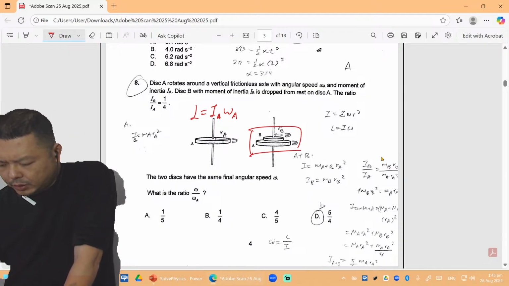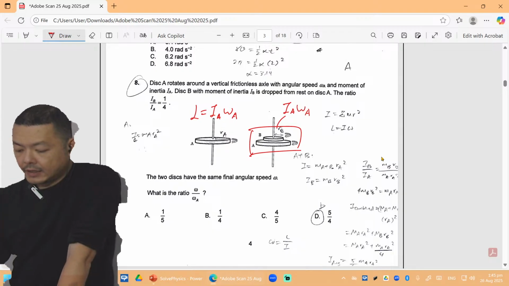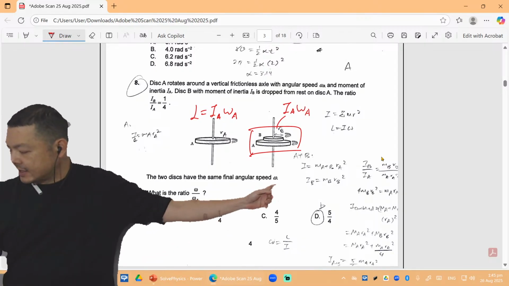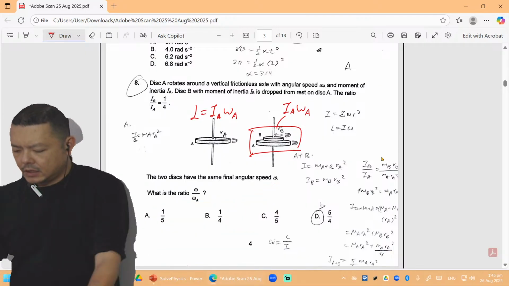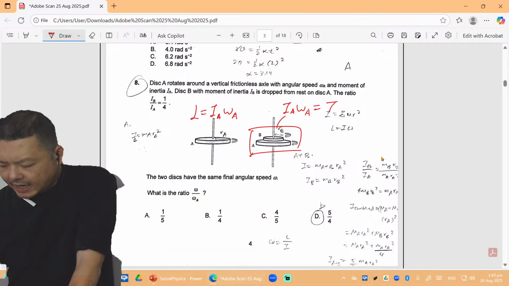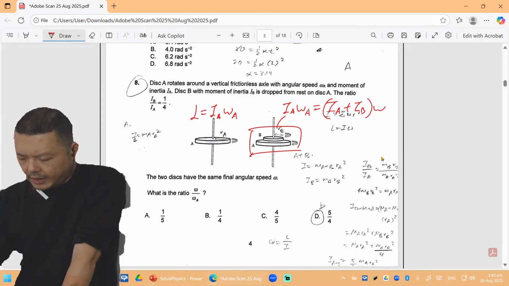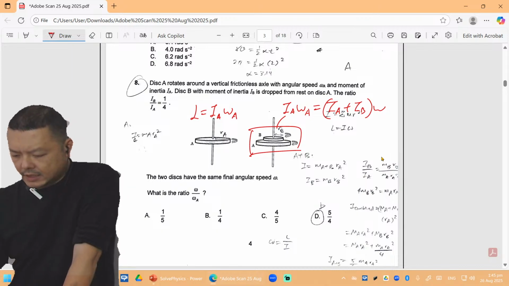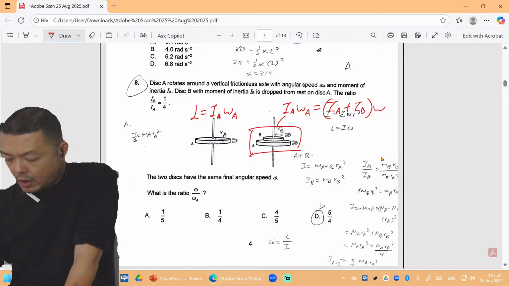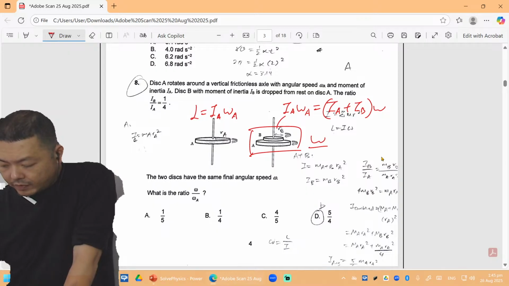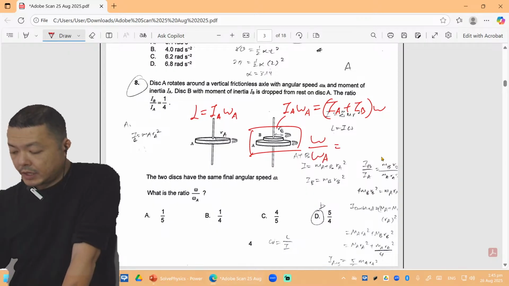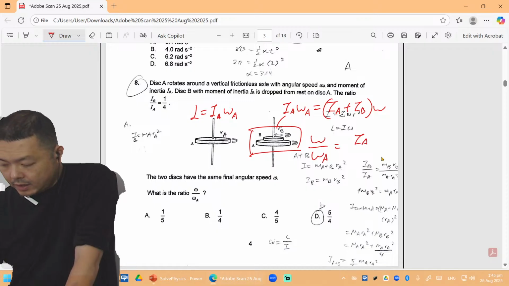But you see, the total angular momentum is still going to be IA omega A. They did say that both objects will have the same angular speed of omega. So IA omega A is basically IA plus IB omega, right? And they're asking what is the ratio of omega over omega A, which in the way I see will be IA over IA plus IB.